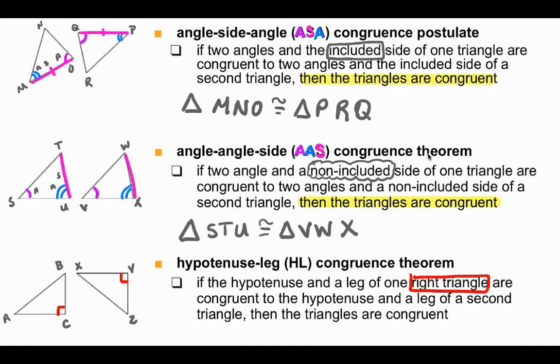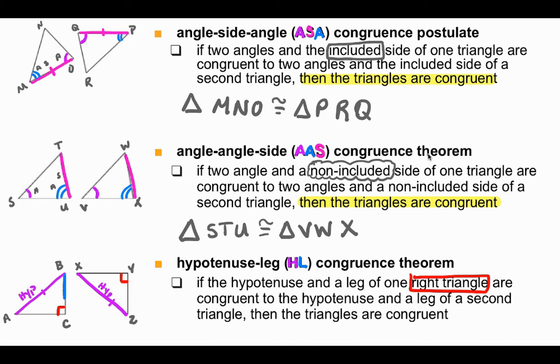And with this one, you're going to have the hypotenuse. Remember, by definition, the hypotenuse is our longest side, and it will be opposite the right angle. So this is our hypotenuse. So the hypotenuse of one triangle will be congruent to the hypotenuse of another, and we will have a leg.